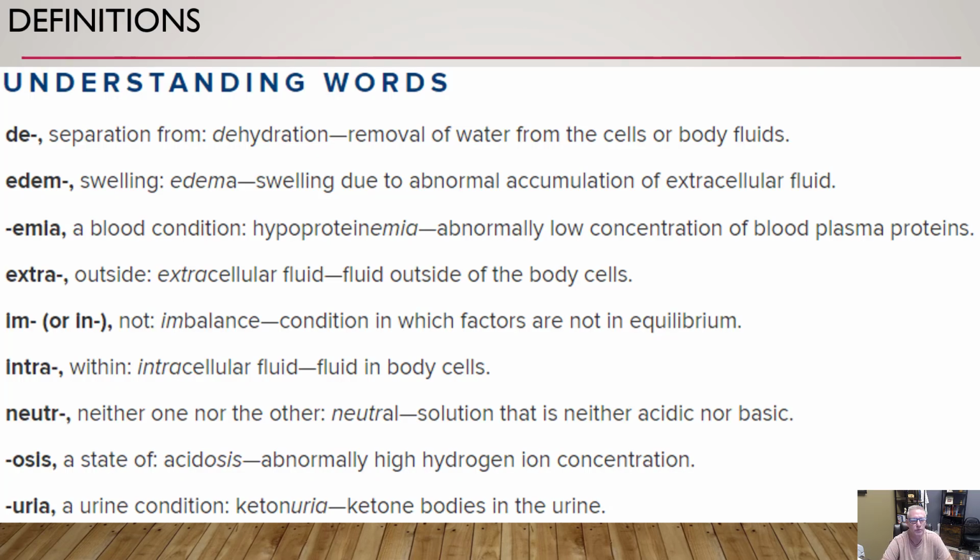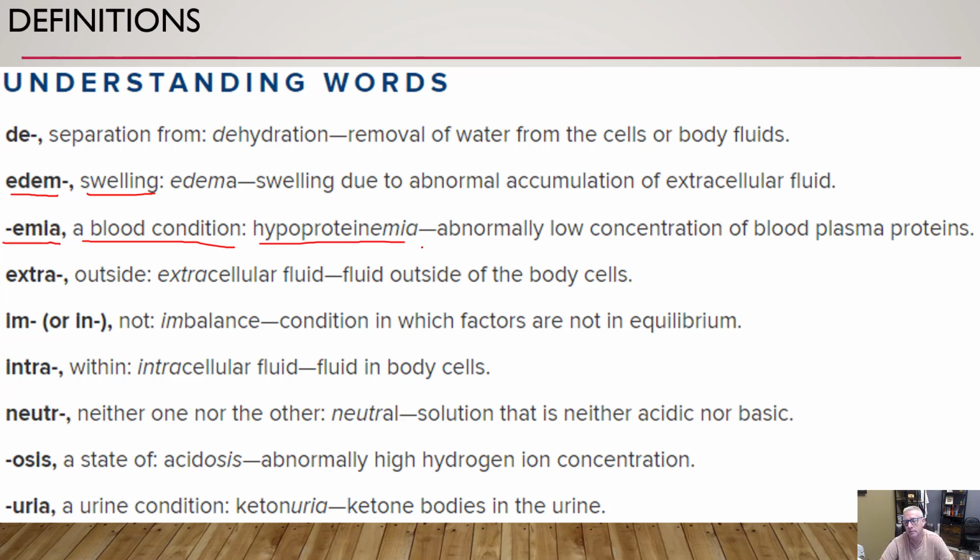Here are some roots, prefixes, and suffixes that you will need to know throughout the chapter. Again, most of you are familiar with some of these. Edema is swelling. Anemia is usually a condition associated with the blood. Hypoproteinemia is a low protein blood count.